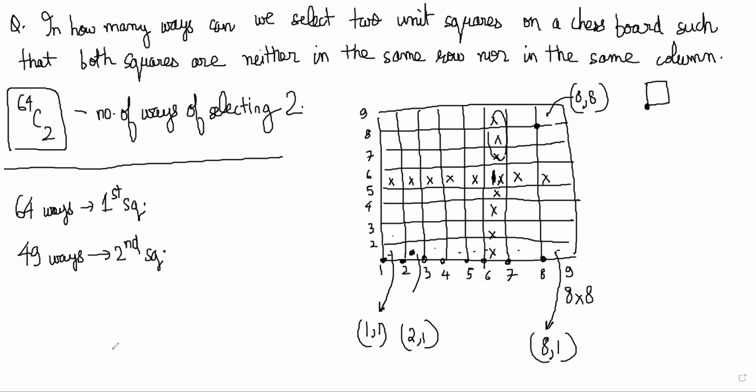So it should be 64 into 49 ideally. However, that answer is wrong, in the sense that the answer is double of what we want. The answer is actually 1568, and 64 into 49 is double of that, so we need half of this.